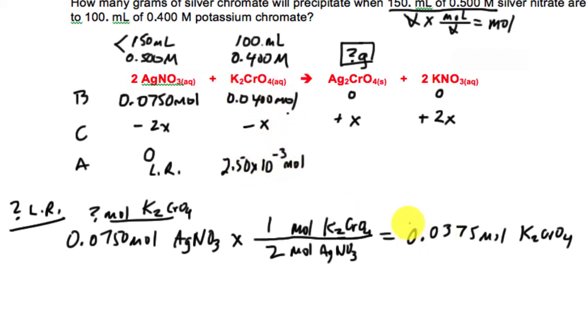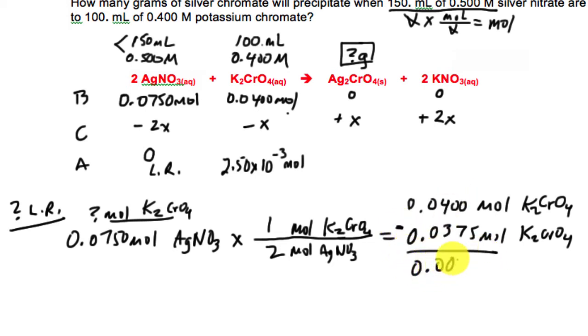So I can quickly take the 0.0400, which is my number of moles of potassium chromate starting out, and subtract that out from the original, and I would end up with 0.0025 moles. I move the decimal over to write it in scientific notation because I do not like having more zeros.